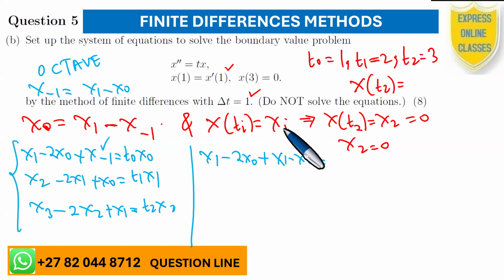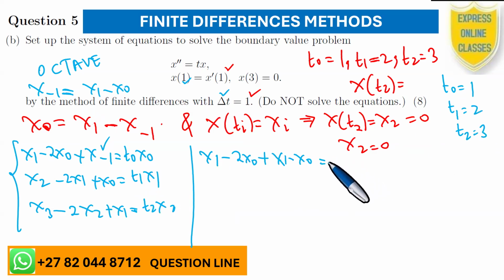What is t0? We write the list. We said t0 is 1. Then t1, you add delta t there, you get 1 plus 1 is 2. T2, you add 1 to 2, you get a 3. So that t0 becomes a 1.